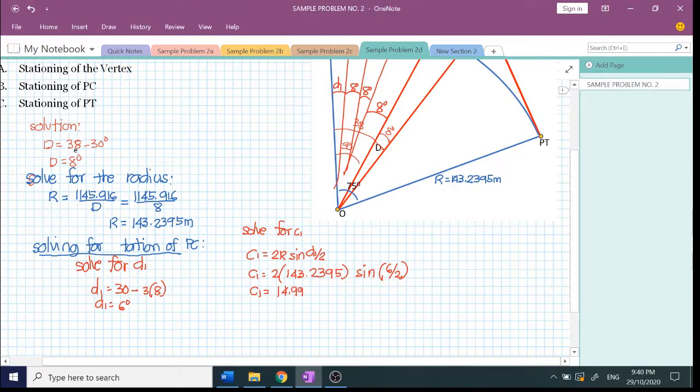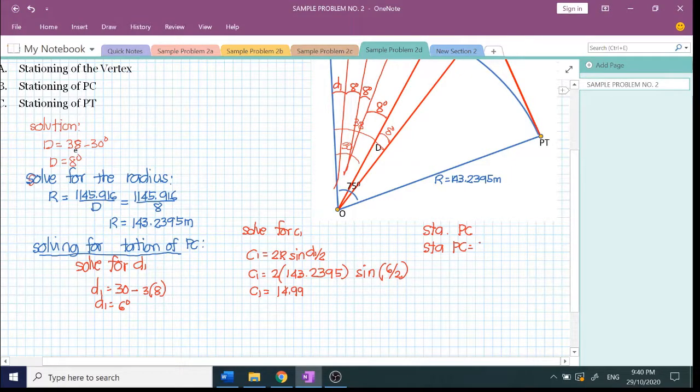So if we have solved C sub 1, what can we also solve? Our stationing of the PC. How do we solve for the station of the PC? The stationing of the PC will be equal to the first full station minus C sub 1.